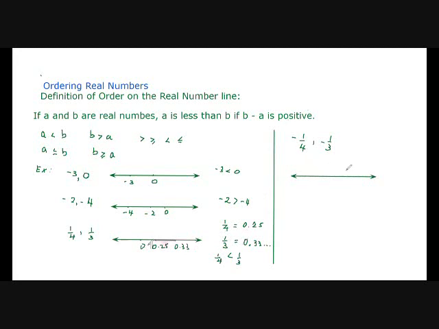Because if zero is right here, negative 1/4 is -0.25 and negative 1/3 is -0.33. So negative 1/3 is here and negative 1/4 is here. Compare which one is on the right-hand side: negative 1/4.